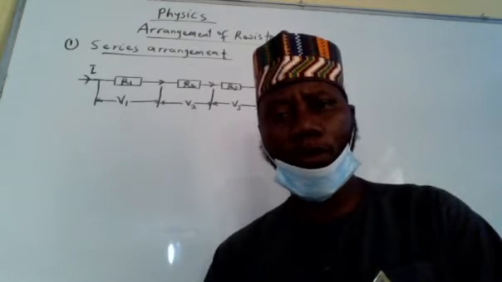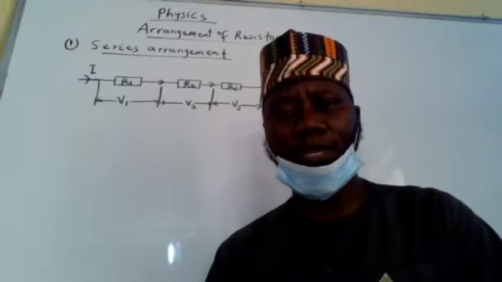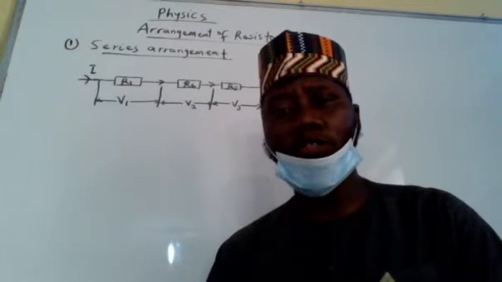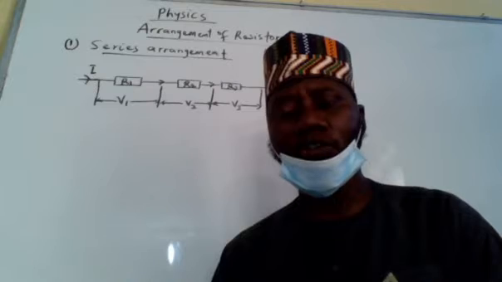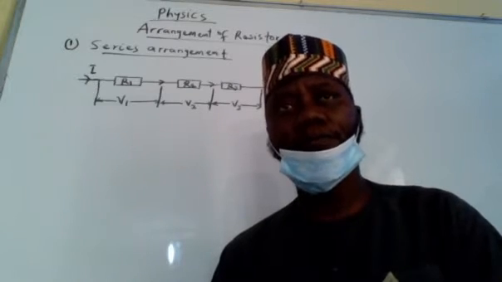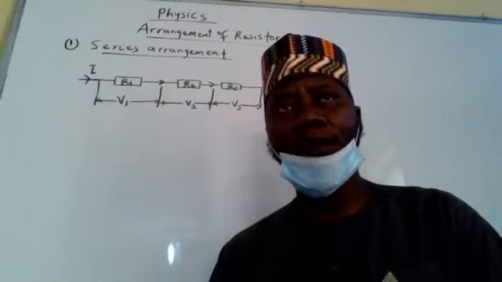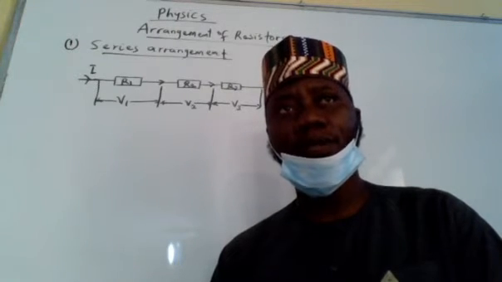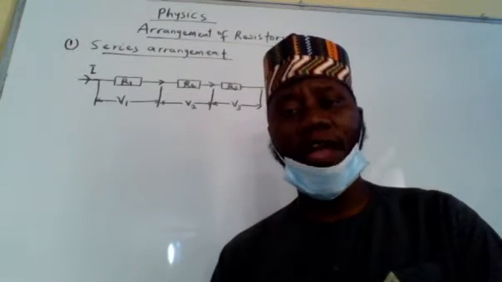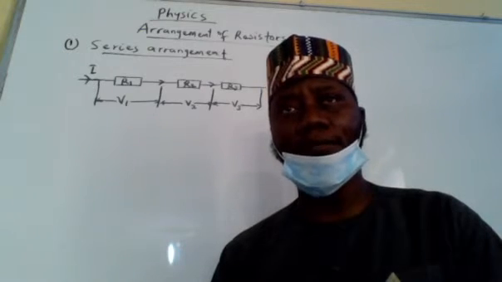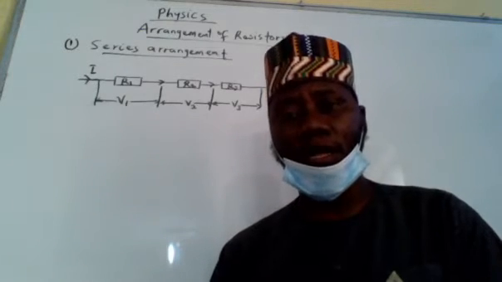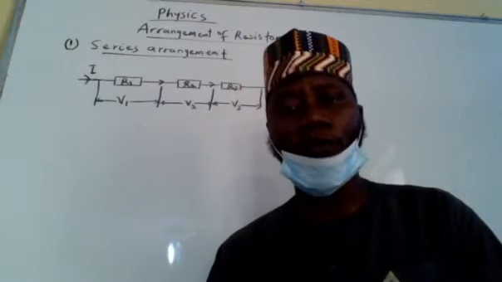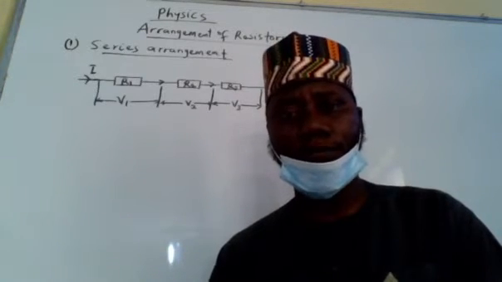You are welcome to physics class today, and in this class we are going to be talking about arrangement of resistors. Before now we have discussed resistors, and we defined resistors as electric conductors that can oppose the flow of current in a given circuit.